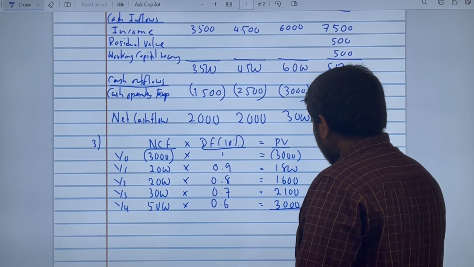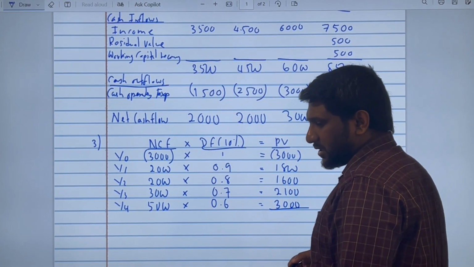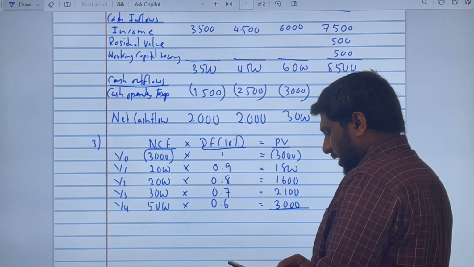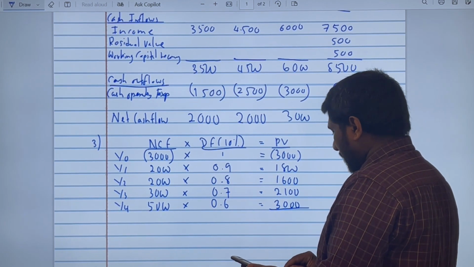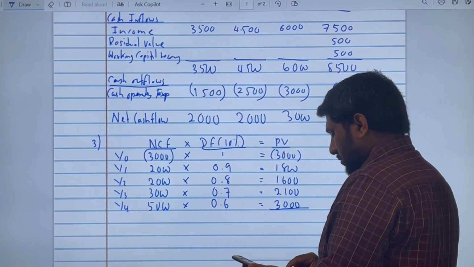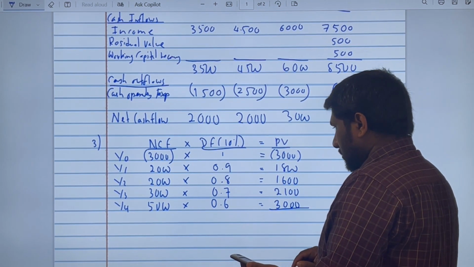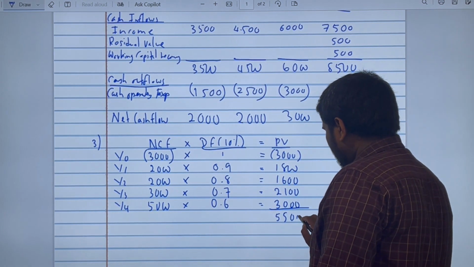Now let's take the NPV. Here you have a negative value. These are positive values. So let's add the positives: 1,800 plus 1,600 plus 2,100 plus 3,000, minus 3,000. I am getting a value of 5,500.